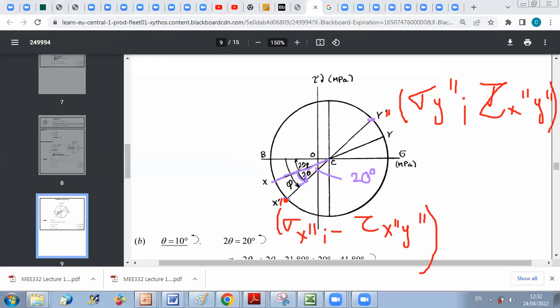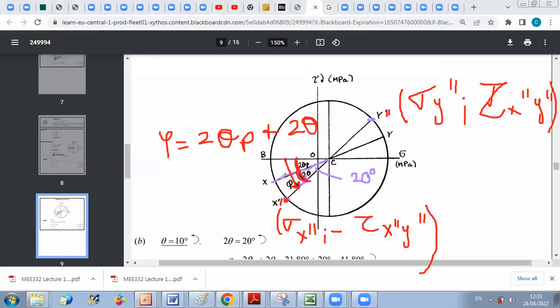And as you can see, I already know the angle 2 theta p. And now I know that I rotated counterclockwise an angle of 20. So the total angle phi here is the value of 2 theta p we calculated before. So phi is 2 theta p, of course theta p measured in the clockwise direction, plus 2 theta, which is measured in the counterclockwise direction.